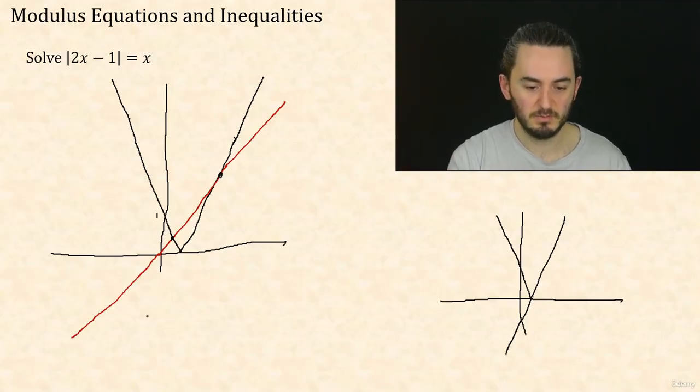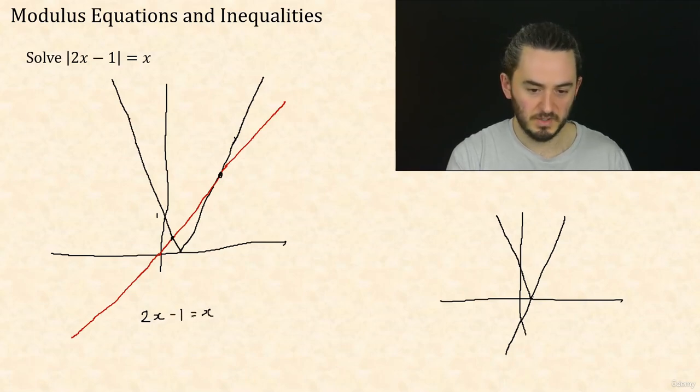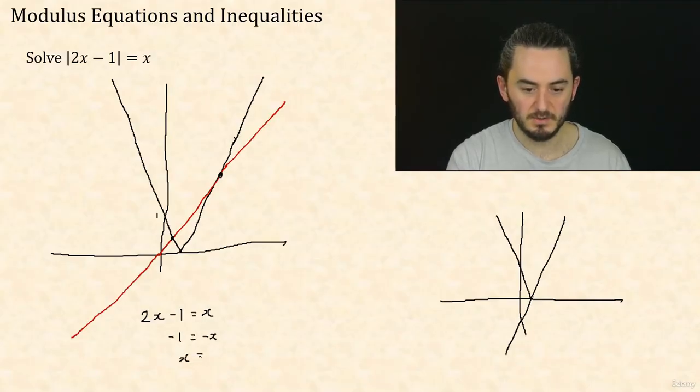So this bit is found by just solving 2x minus 1 equals x. And we can solve that, take off 2x from both sides, -1 equals -x, and x equals 1 is the solution to that. So that's this point here.